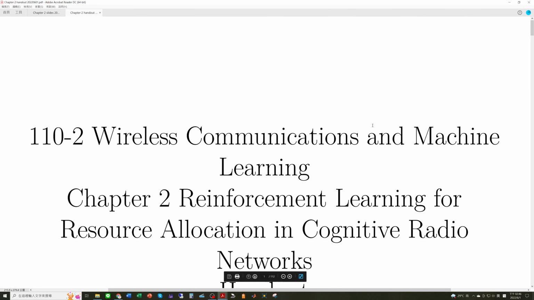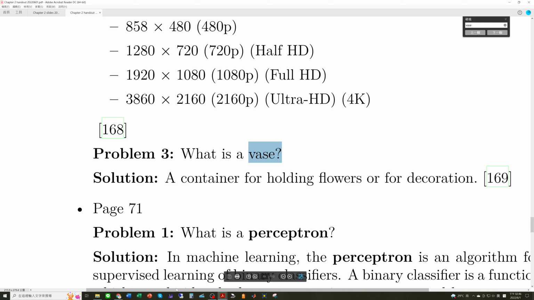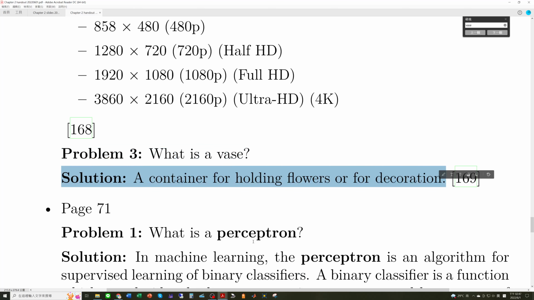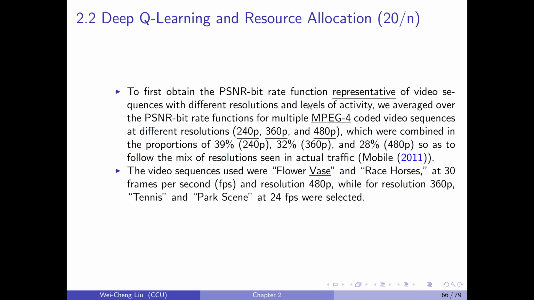So let's search for vase. Problem 3. What is a vase? Solution: a container for holding flowers or for decoration. Okay, let us go back to the slides.